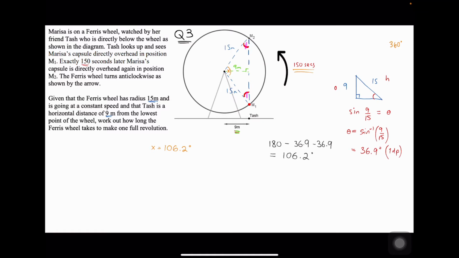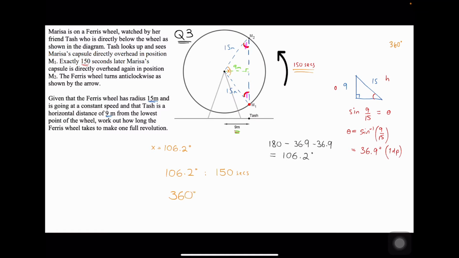And I know that it takes 150 seconds for the capsule to turn 106 degrees. So how long does it take for the capsule to turn 360 degrees?